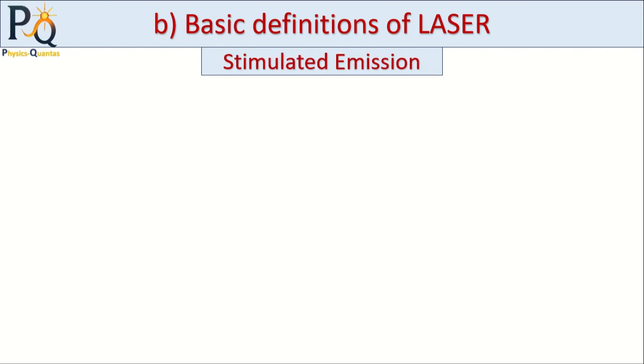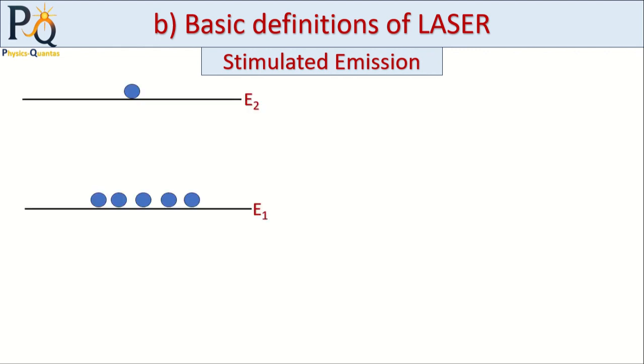Now comes another important phenomenon in lasers, that is stimulated emission. Again, if I take E1 and E2 as two states, with E2 as the excited state, suppose I don't want to keep this particle here for 10 power minus 8 seconds. Before that lifetime, I want to get this particle to the lower state. So we give a photon, that is, we give energy, and this applied energy stimulates the particle to the lower state.